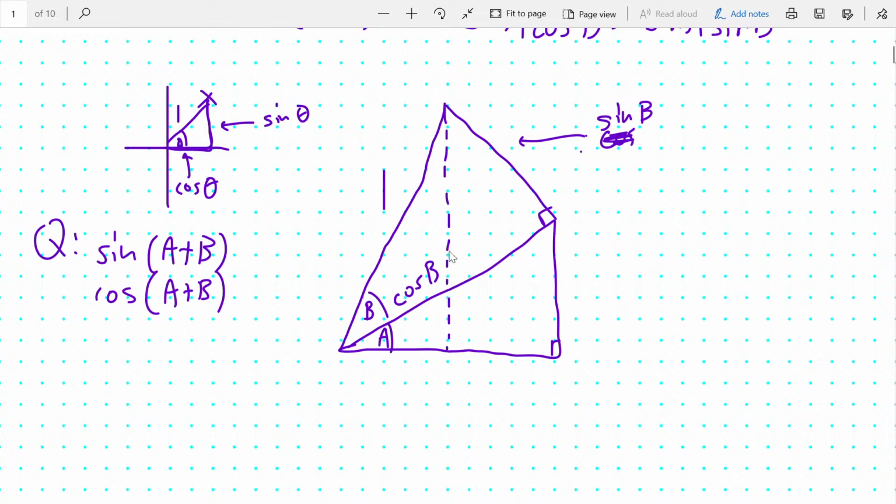So if we find the length of this line, given that the hypotenuse here is 1, we will have found the sine value for sine A plus B. And this length here is also cosine A plus B.